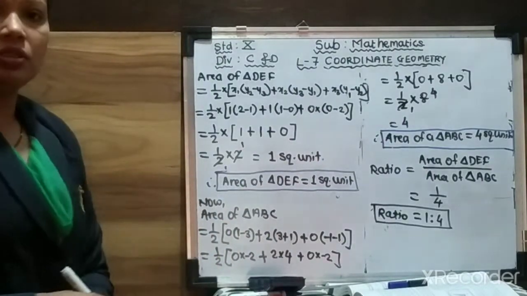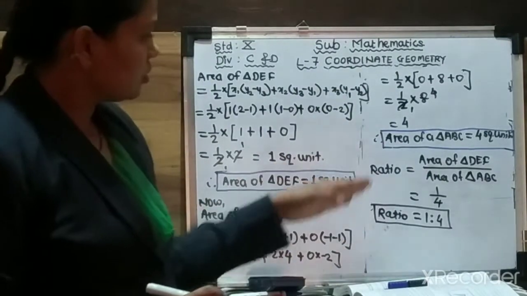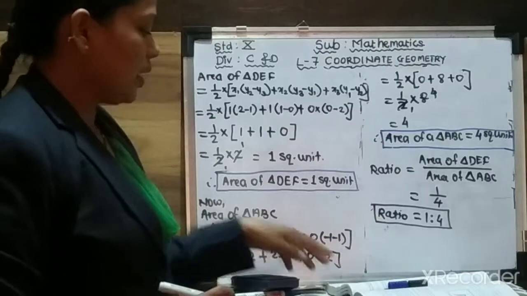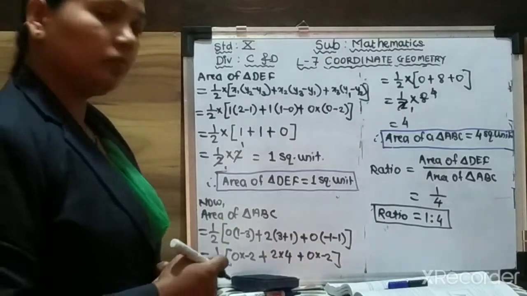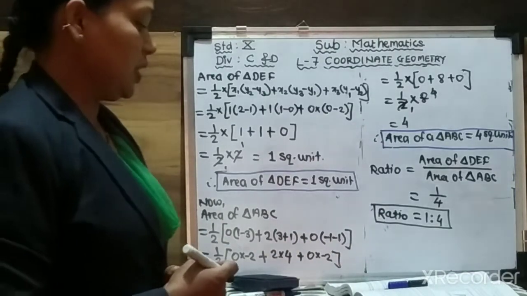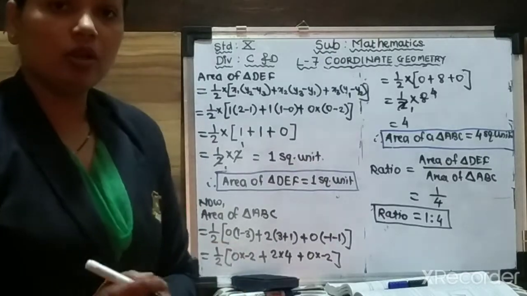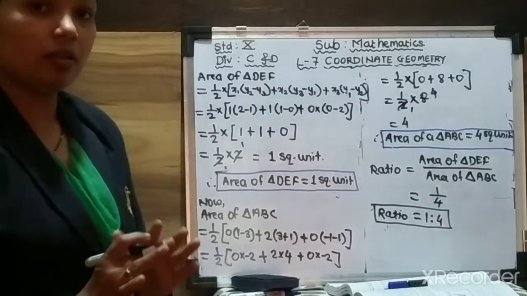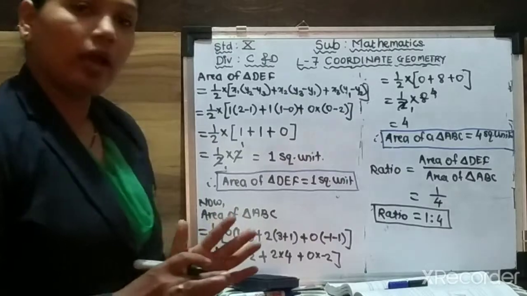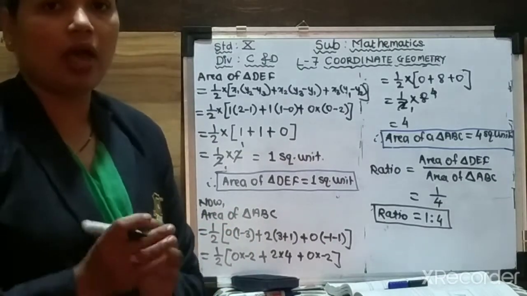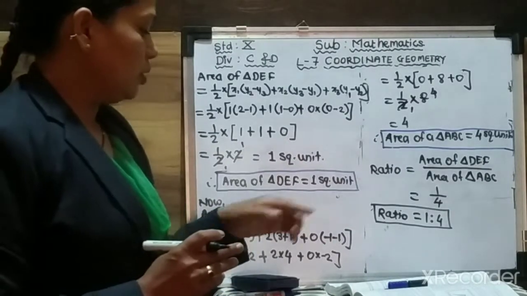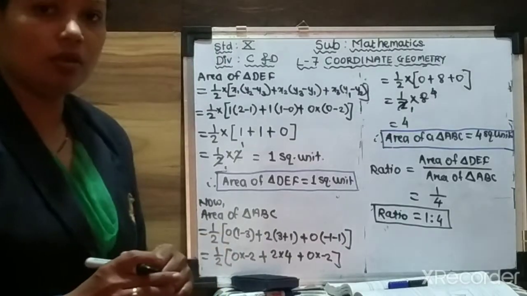Understood? In this way we have completed question number 3. We will see now question number 4. Only I will explain question number 4 and you solve it at home. Right? Now let us write question number 4.